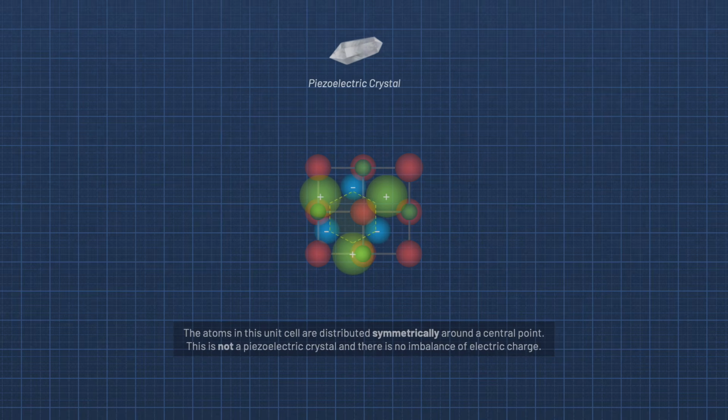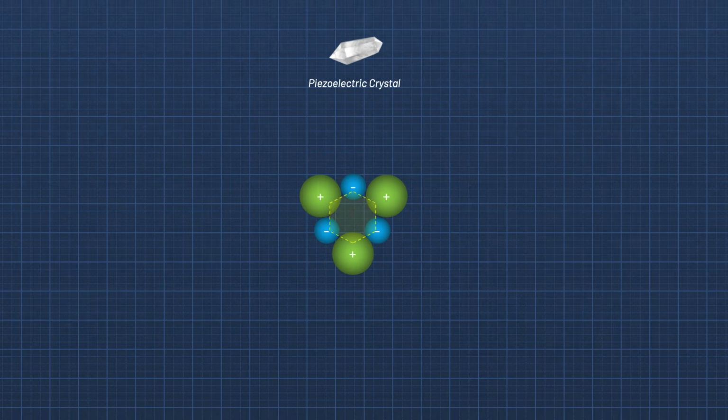But on the other hand, if you have a piezoelectric crystal like silicon dioxide, like quartz crystal, this type of material has a non-symmetrical atom distribution. Therefore, they do not have this center of symmetry of charge, and this lack of symmetry is what makes them good candidates for piezoelectric behavior.